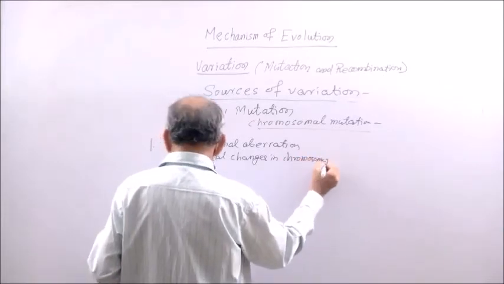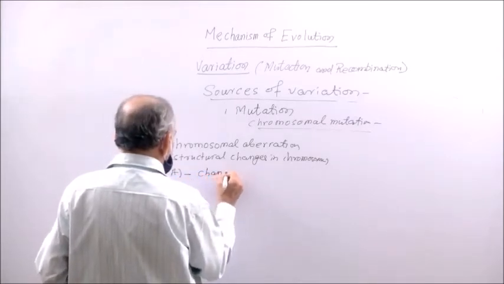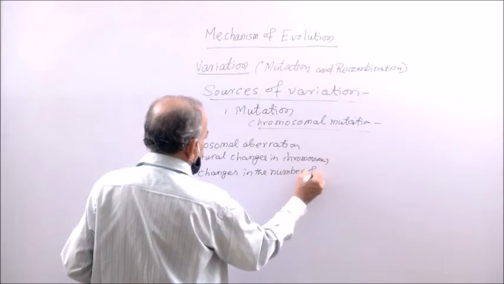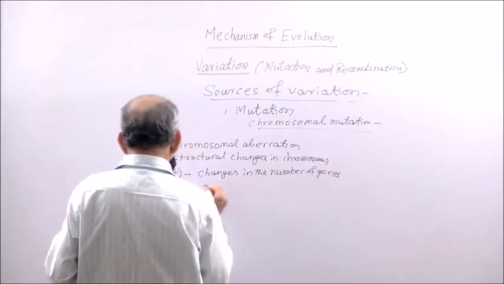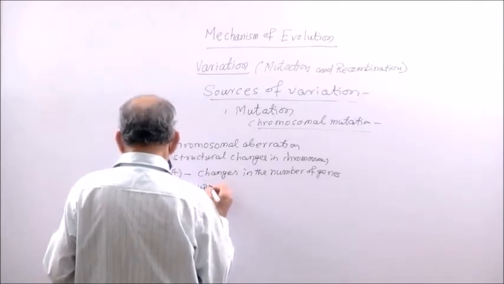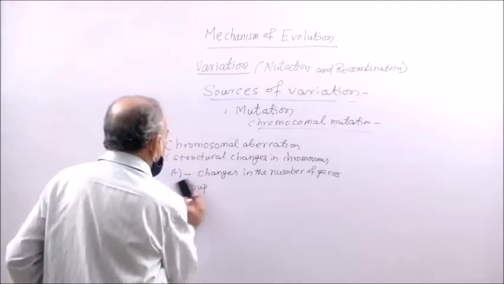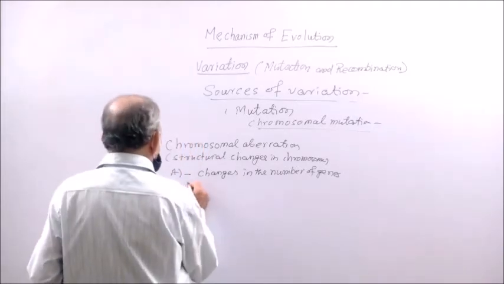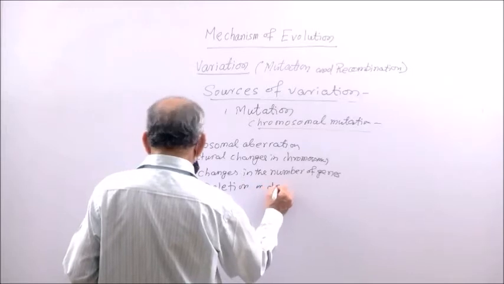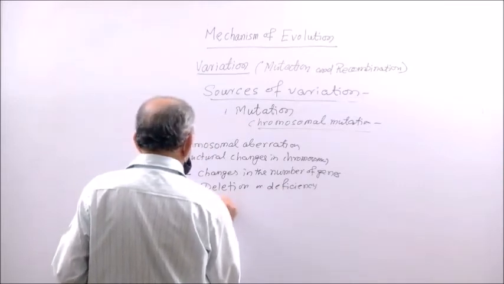Under this, A, changes in the number of genes: it is either deletion or deficiency, then B, duplication.